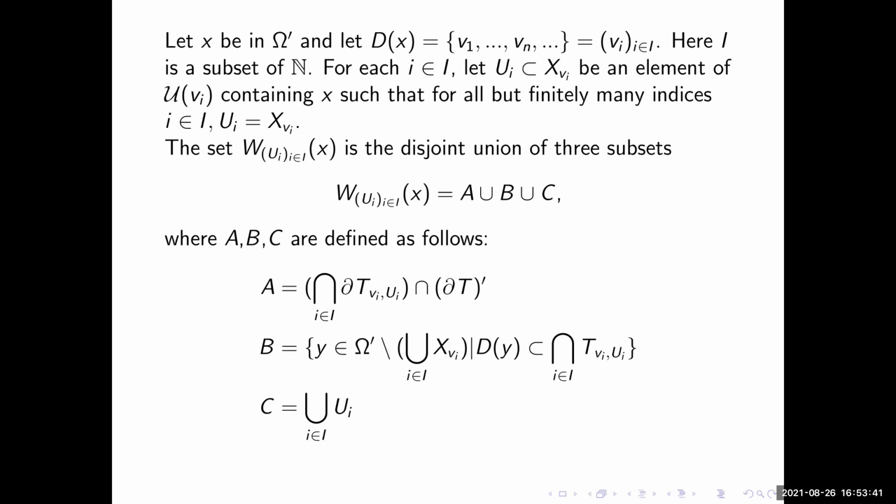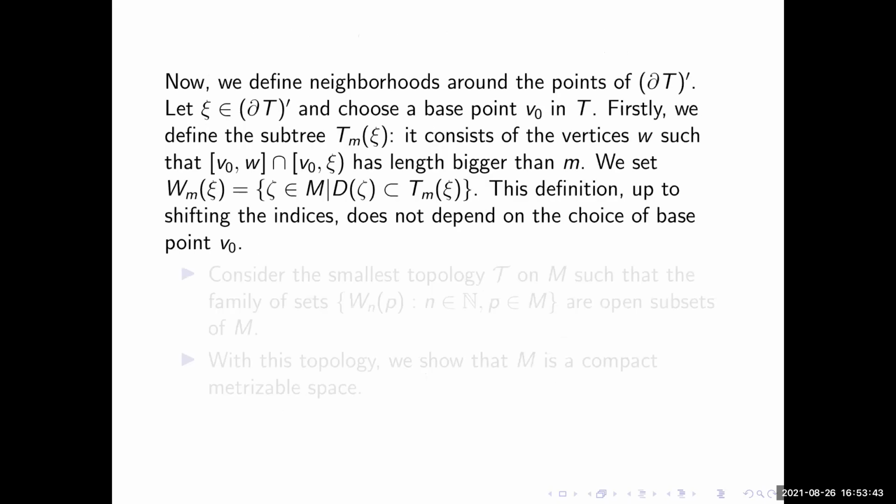After that, we now define the neighborhoods around the point of del T prime. So let us take a point xi in del T prime and fix a base point. Look at the geodesic ray in the Bass tree joining V0 to xi.